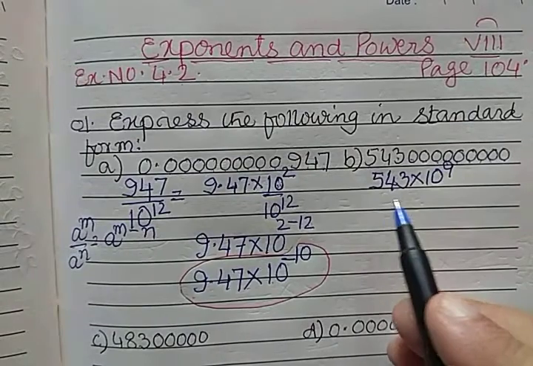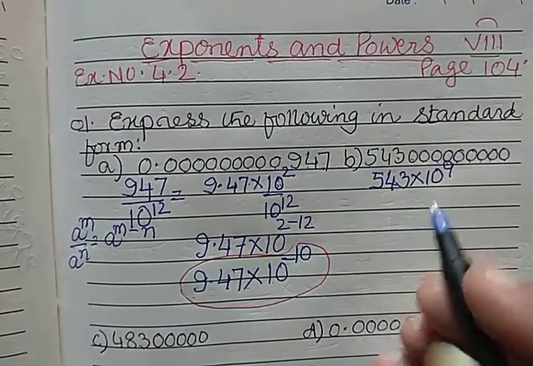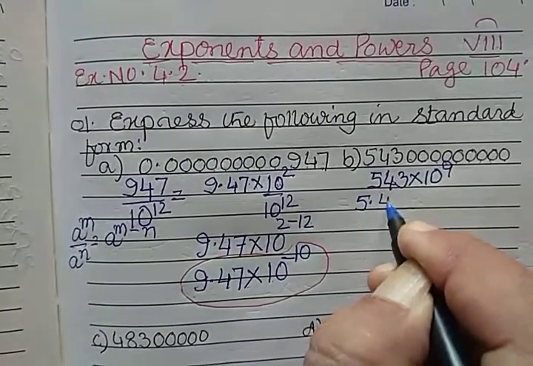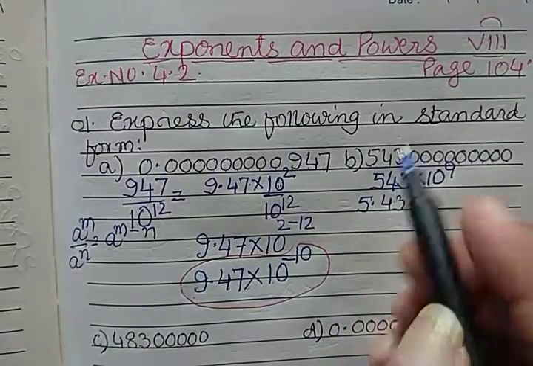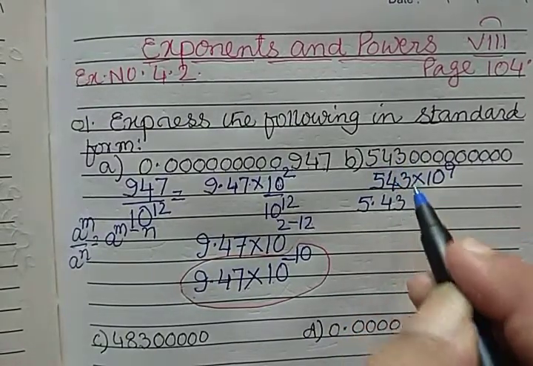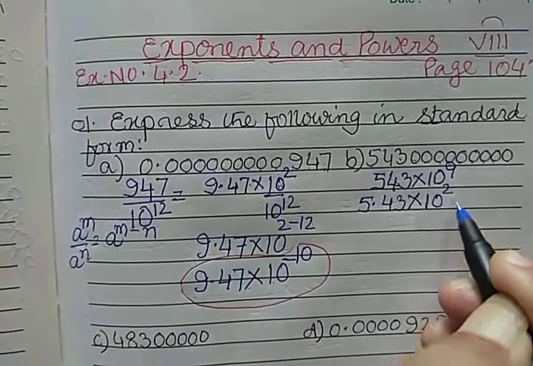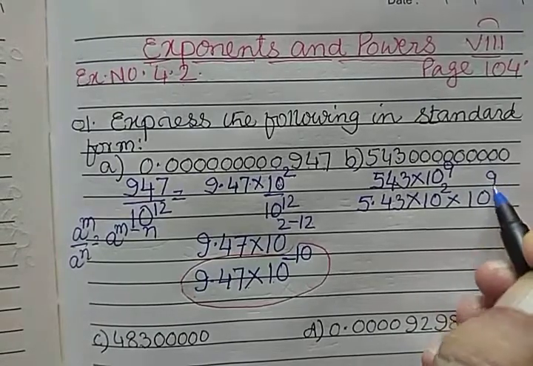But we do not write 543; for this we write 5.43, which means into 10 square. So 5.43 into 10 square into 10 to the power of 9.